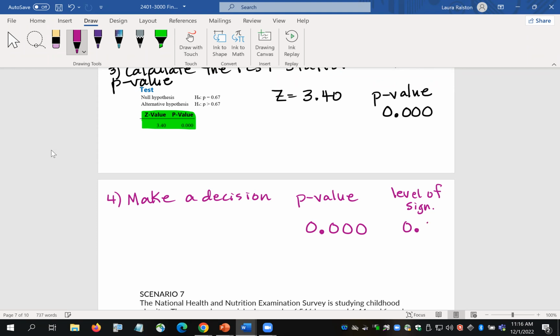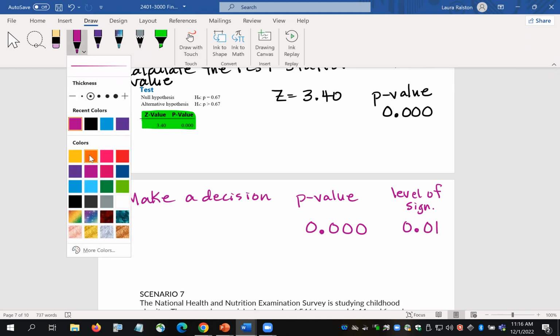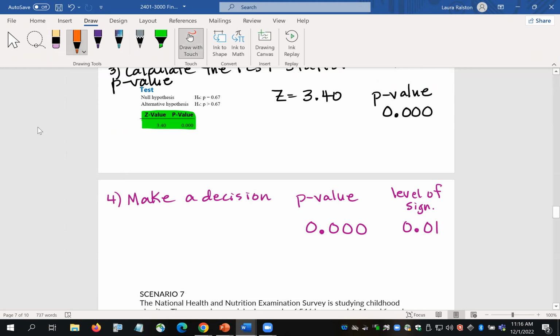The level of significance was given in the problem as 0.01. Compare them digit for digit. 0 to 0, 0 to 1. 0 is less than 1. So P is less than the level of significance, less than or equal to.